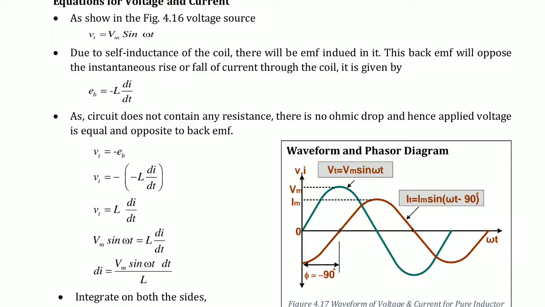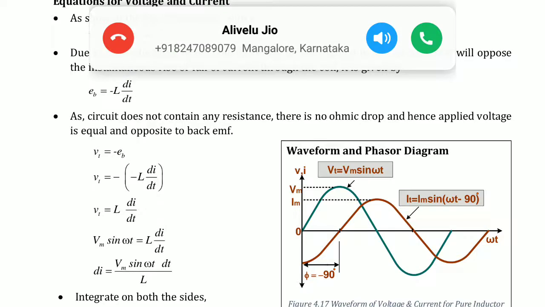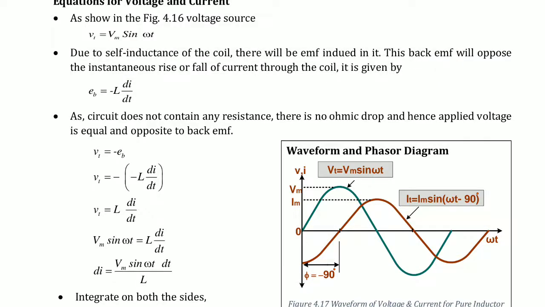Vt is the applied voltage Vm sin omega t, so Vm sin omega t is equal to L into di by dt.